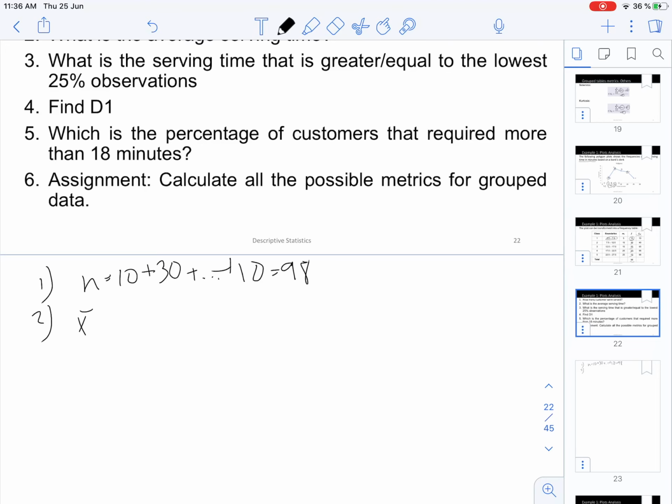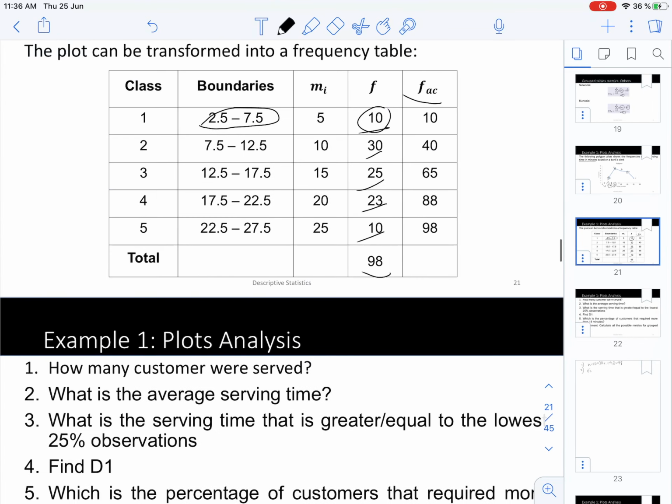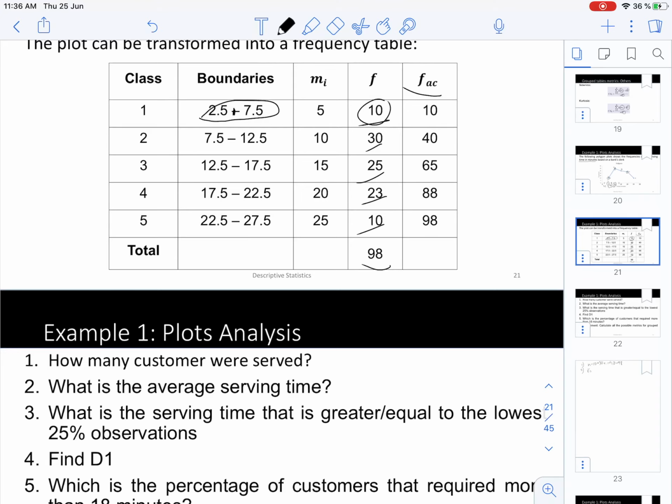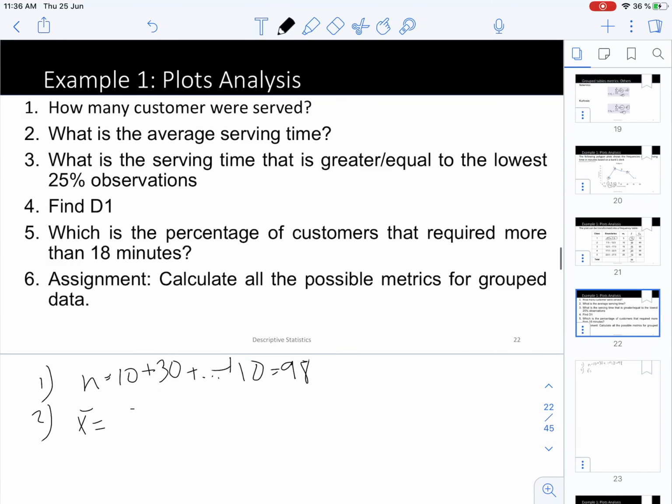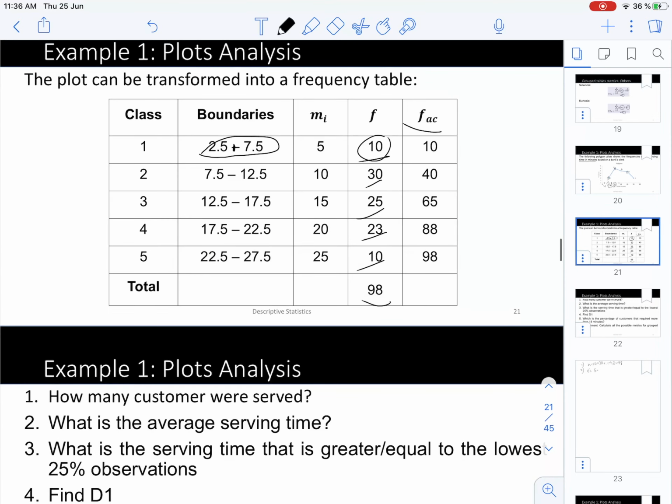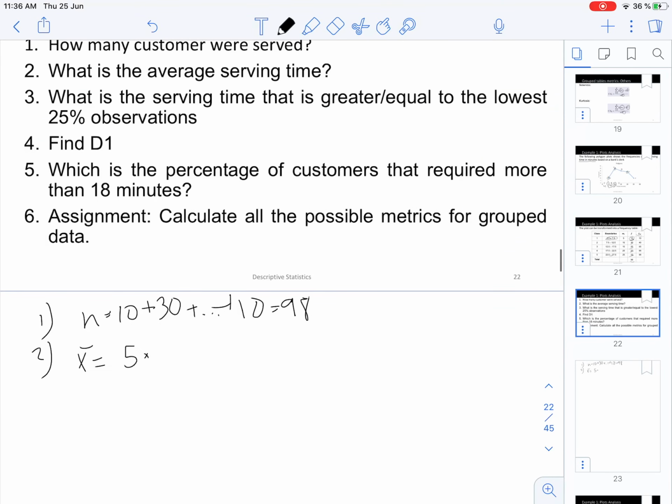Then let's do that. So x bar is going to be equal to the first class mark, which is the midpoint, so it's 5, times the frequency. So the frequency of the first class is 10, right? In the next class mark 10, frequency 30. And we keep going until the last one, which is 25, the class mark, and the frequency is 10.